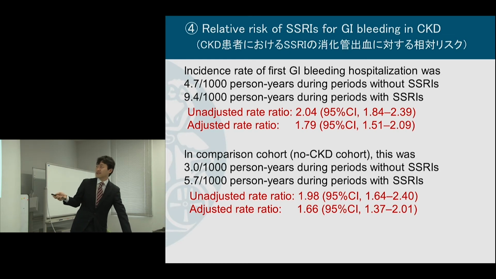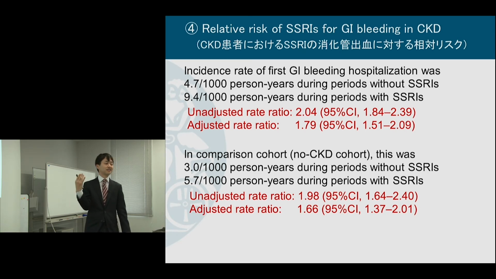I expected that if antidepressant or SSRI is really risky in patients with CKD, this should be 3 or 4. But the reality was, it was slightly different, but not very different. So, of course, it's good for patients and doctors, but bad news for me because it's kind of boring.